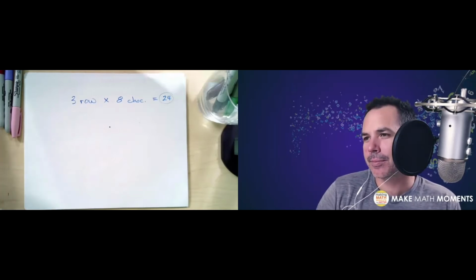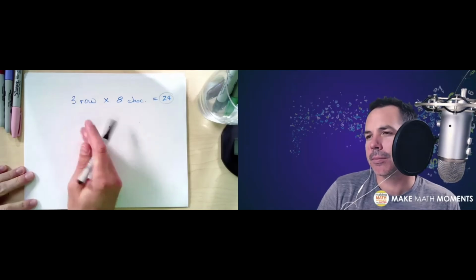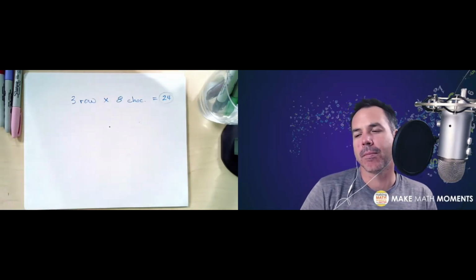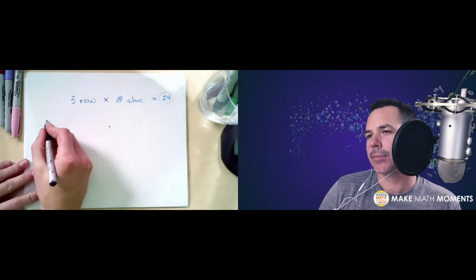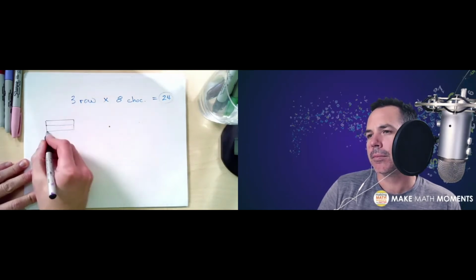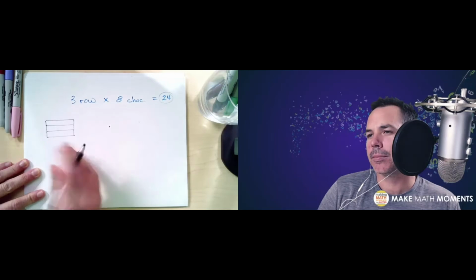And okay, so there is my moment where I get the opportunity to try to get this model to sort of emerge. Even though the student didn't say, hey, draw me a rectangle, what I ended up doing was, okay, you said 3 rows. Is it okay if I draw 3 rows like this? And then what would I do to do your skip counting?